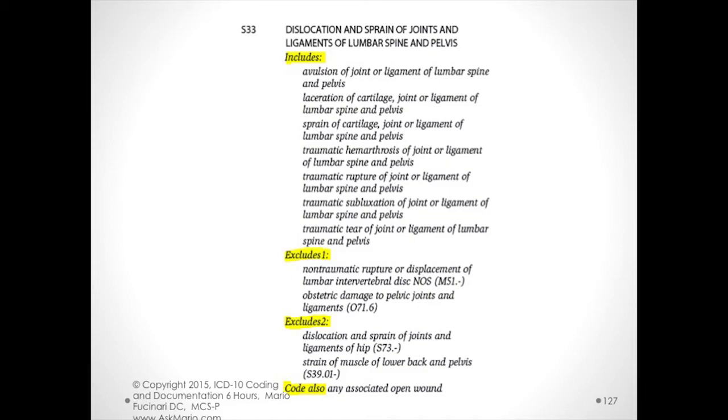In other words, what is another name for a traumatic rupture or tear of a ligament? It's a sprain. What's the root of all this? A sprain. So they're saying that it includes all that. It's pretty simple if you think of it that way.